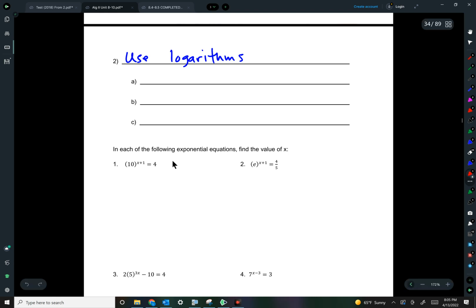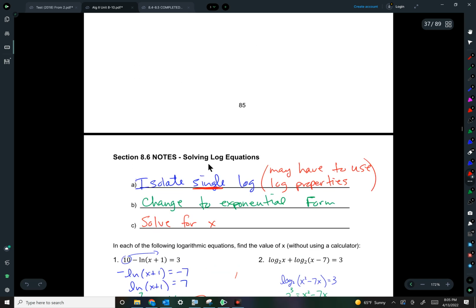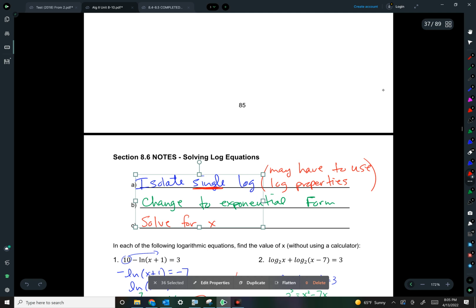Now, I want to draw your attention to 8.6. We already did 8.6, and remember we learned how to solve log equations. And what we said was, isolate the log, change it to exponential, and then solve for x.